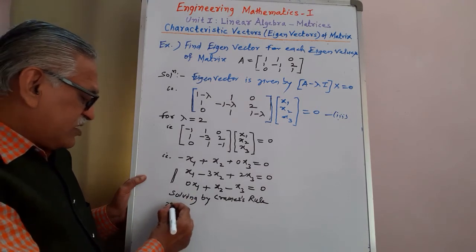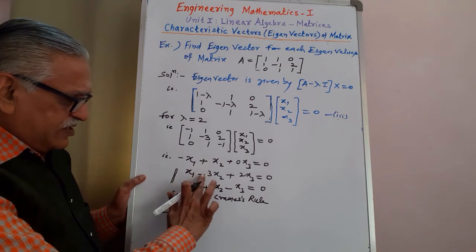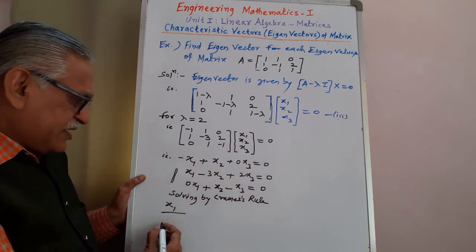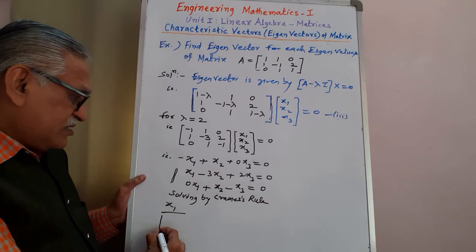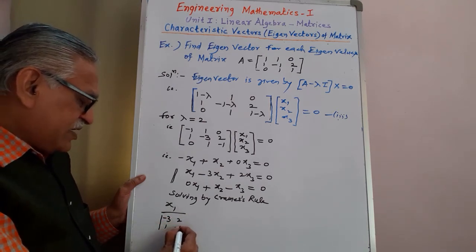We have x1 divided by, I will neglect this x1 and then the determinant of the remaining coefficients, minus 3, 2, 1, minus 1.